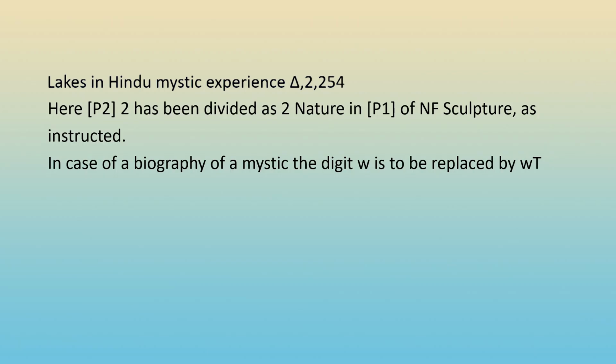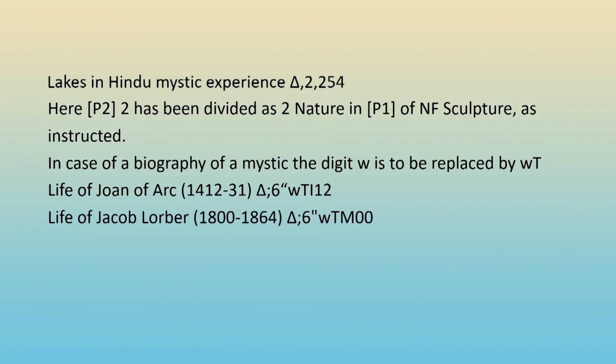So, in the notation of life of Joan of Arc, who survived from 1412 to 1431, the notation will be delta semicolon 6 double quote w small w capital T, then I12 for the time isolate 1412.